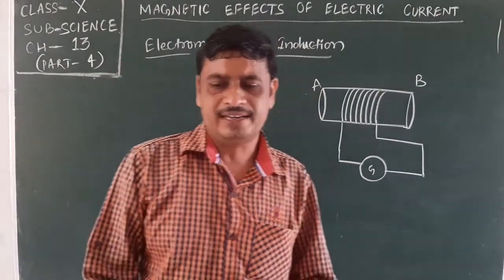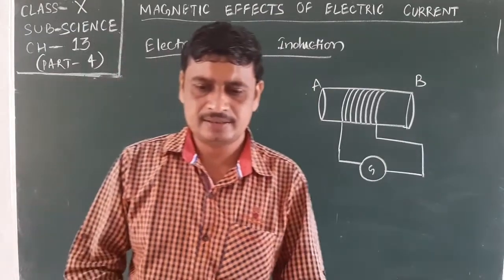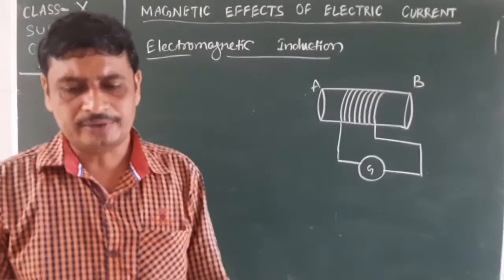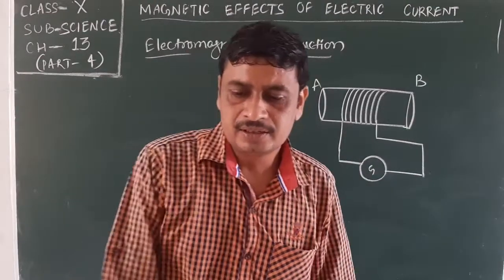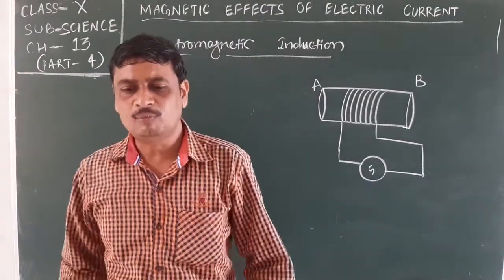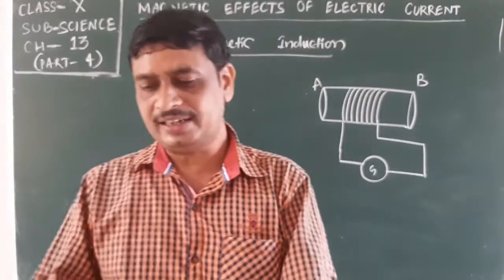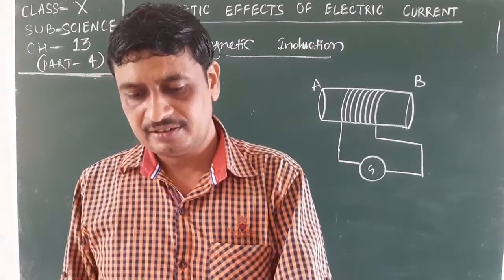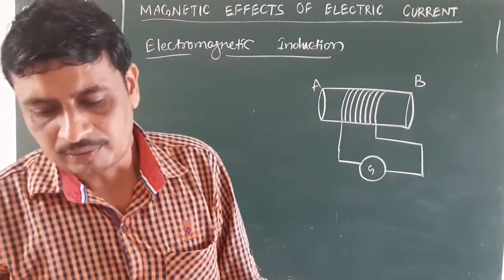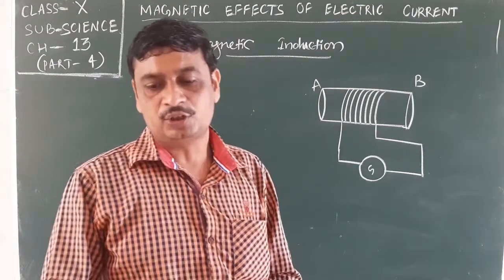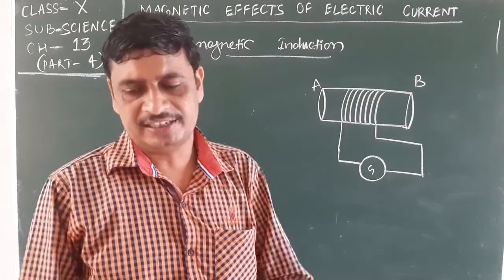Connect the ends of the coil to a galvanometer. This one is the galvanometer. Take a strong bar magnet and move its north pole towards the end B of the coil. What do you observe there? Do you find any change in the galvanometer needle?